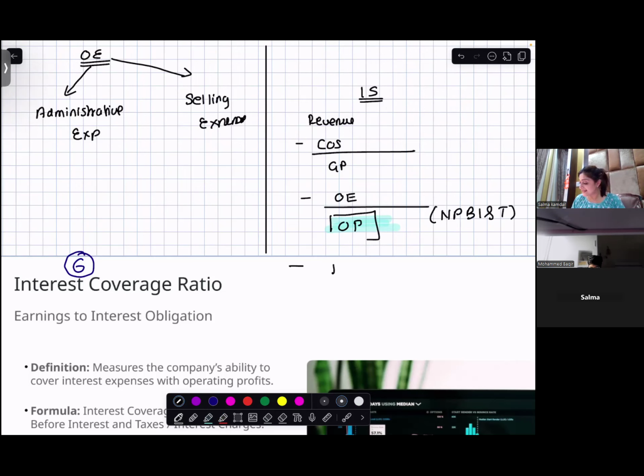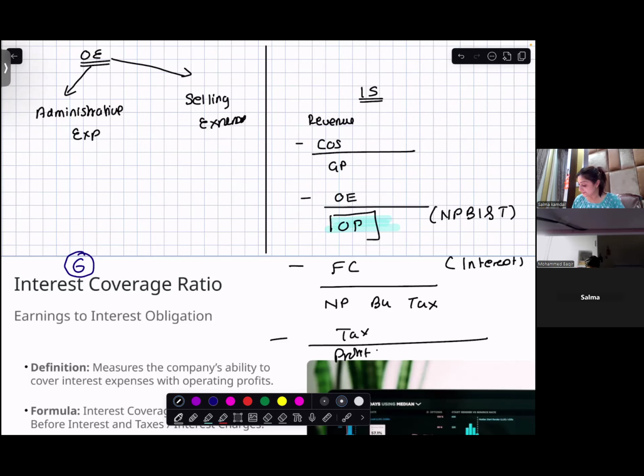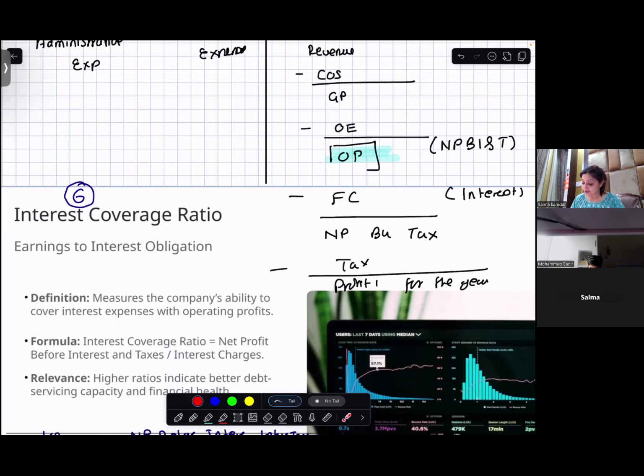From this, you will minus your finance cost. That means all your interest expenses. You will get net profit before tax. You will minus your tax, and what you get is your profit for the year. So in your interest coverage ratio, you take your operating profit over the fixed interest charges.